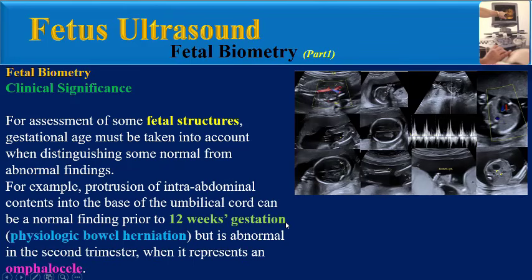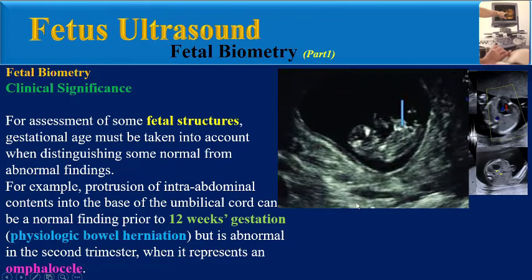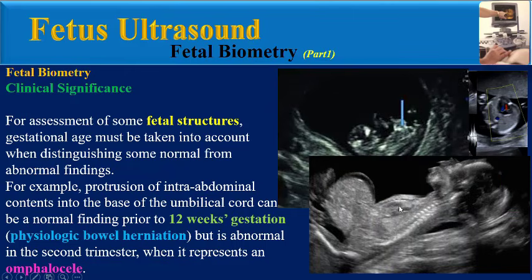For example, protrusion of intra-abdominal contents into the base of the umbilical cord can be a normal finding prior to 12 weeks gestation, named physiologic bowel herniation, but is abnormal in the second trimester when it represents an omphalocele.